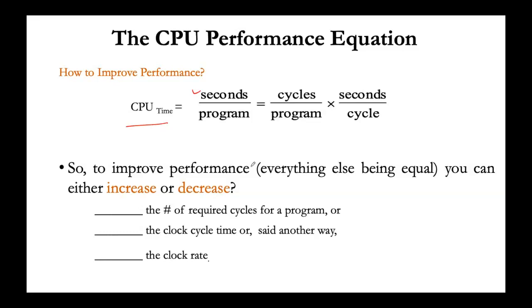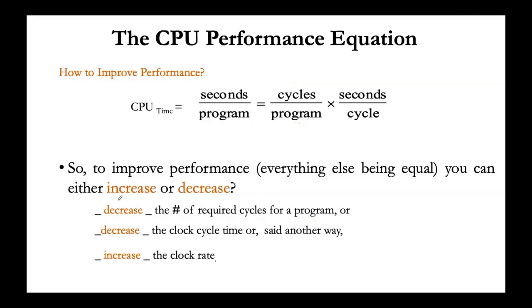So to improve performance, everything else being equal, you can either increase or decrease the number of required cycles for a program, or the clock cycle time, or, said another way, the clock rate. That means to improve the performance, you consider the number of cycles required for a program, or the clock cycle time in terms of seconds, or the clock rate.